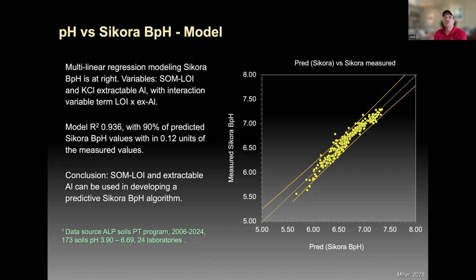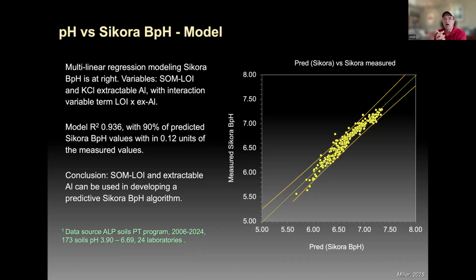It's quite astonishing if I just use those 2 variables on the ALP data set of 173 soils, and remember, these go from 3.9 to 6.69 on pH. We see an extremely tight relationship, an R squared of 0.93 is pretty astounding, and most of the values are within 0.12 pH units of the measured value on the model.